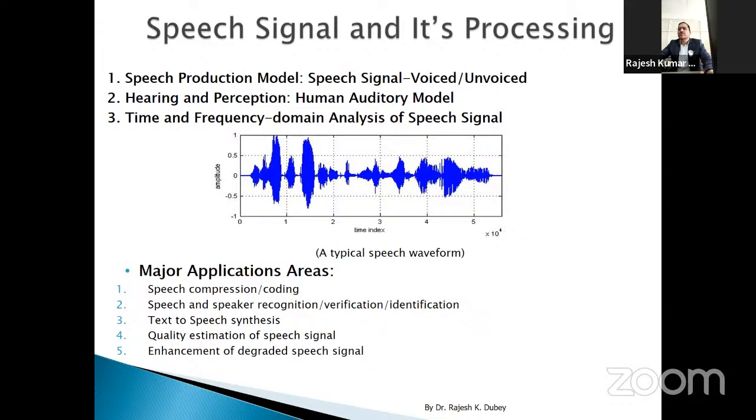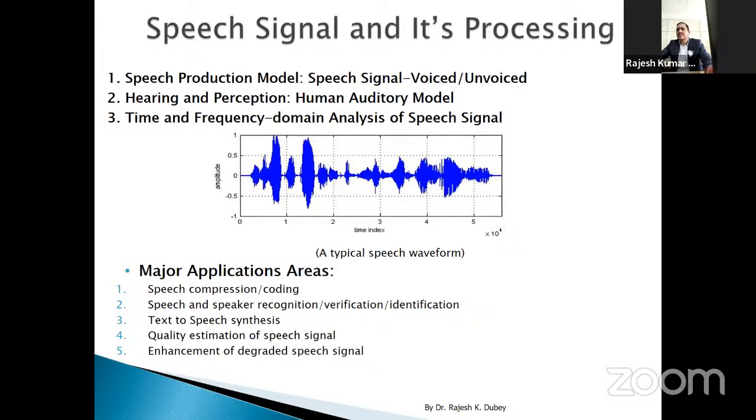From the processing point of view, once speech production and perception are modeled in the form of a digital signal and digital system, we can apply digital signal processing tools like Fourier transform, Z transform, DFT, FFT. So all those tools will be applied.